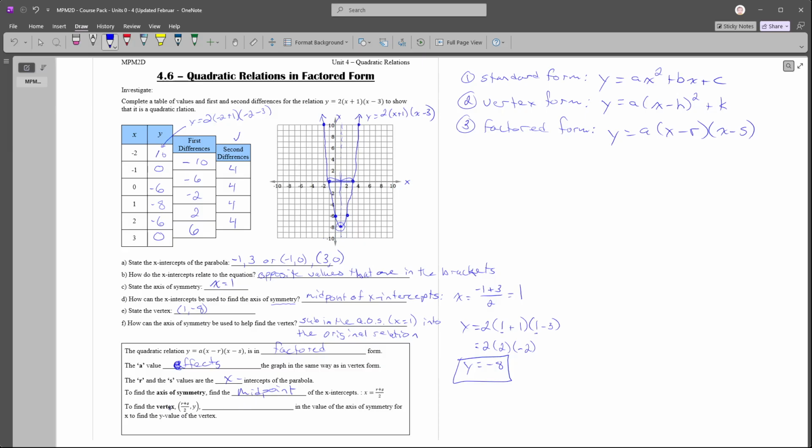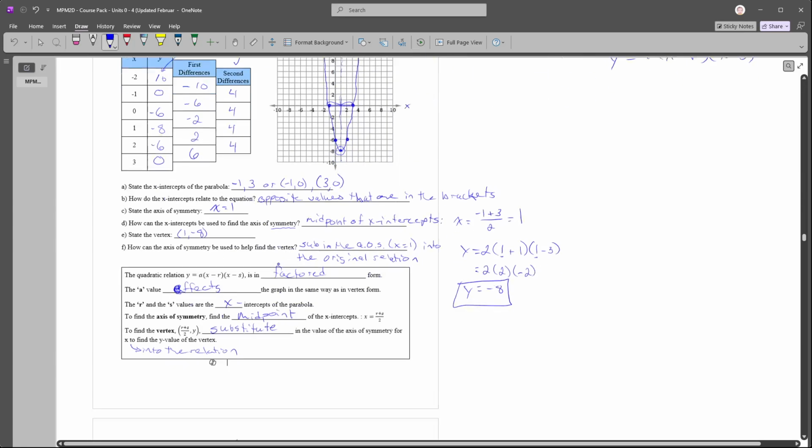So to find the actual vertex, we know the x component is (r + s)/2, and the y component is found by substituting the value of the axis of symmetry, (r + s)/2, for x to find the y value. Where are we substituting it? Substitute the value for x into the relation in order to find our vertex.